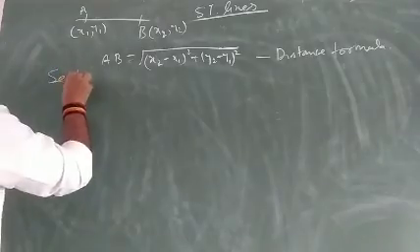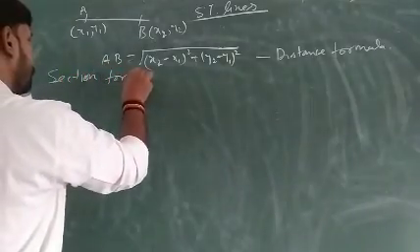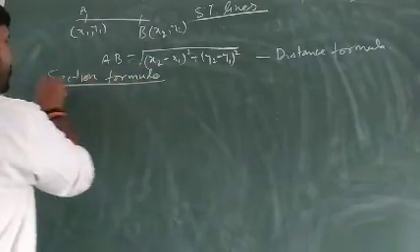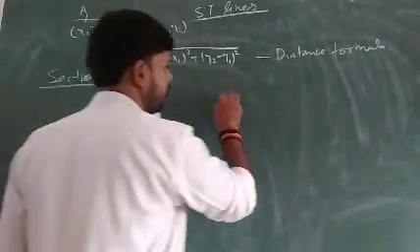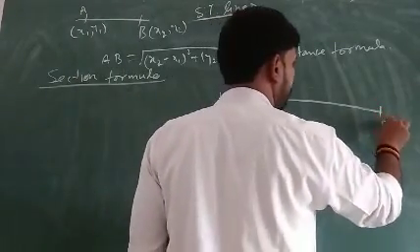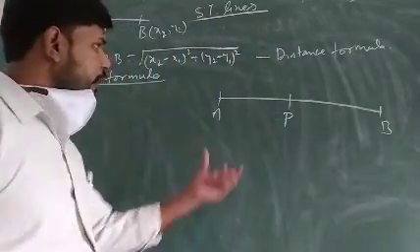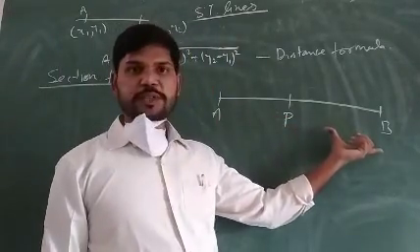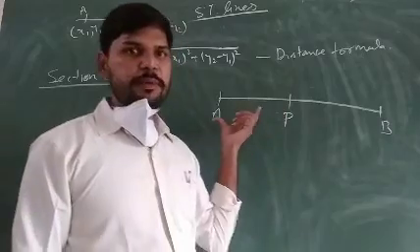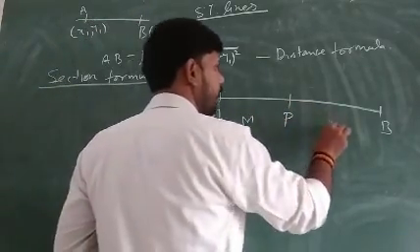What does the section formula mean? The word itself makes its meaning clear. Suppose this is a line, this is point A, this is point B, and here we take point P, and we say that AP is to PB must follow a particular ratio, such as m is to n.